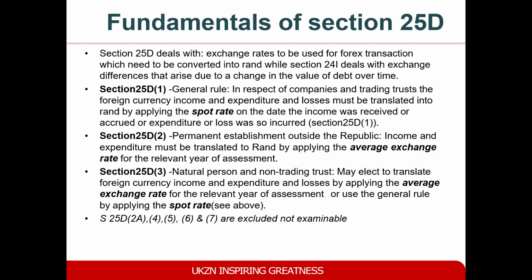So there is something called a spot rate. It's a rate that should be taken into account. At what rate exactly when the transaction took place? At what rate exactly was the income received, perhaps accrued? At what rate exactly was the expenditure or loss incurred? This is a very important principle, which is actually outlined in a rule paper in section 5.1.